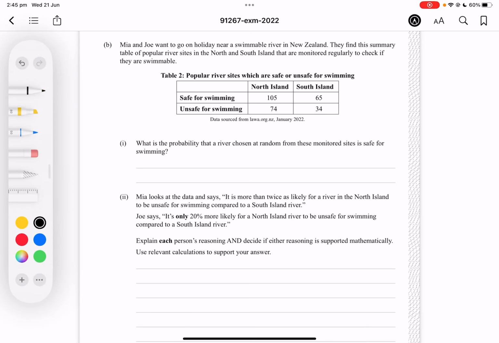So again, we're looking at the entire sample, so all of the rivers here, and the probability that any river is safe, so P(safe), equals the total number of safe ones, which is 170, divided by the total number of rivers sampled, which is 278. That is equal to 0.6115, and that's an achieved level question there.